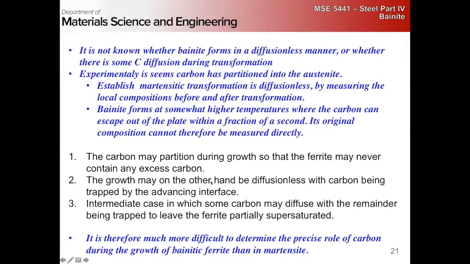The other extreme is that, being diffusionless, the carbon is trapped by the shear transformation and then diffuses out after. Or you can have an intermediate case in which some carbon diffuses with the remainder being trapped. There have been mechanisms proposed where a fraction of the carbon needs to diffuse out, and then you transform the rest of the way by shear.